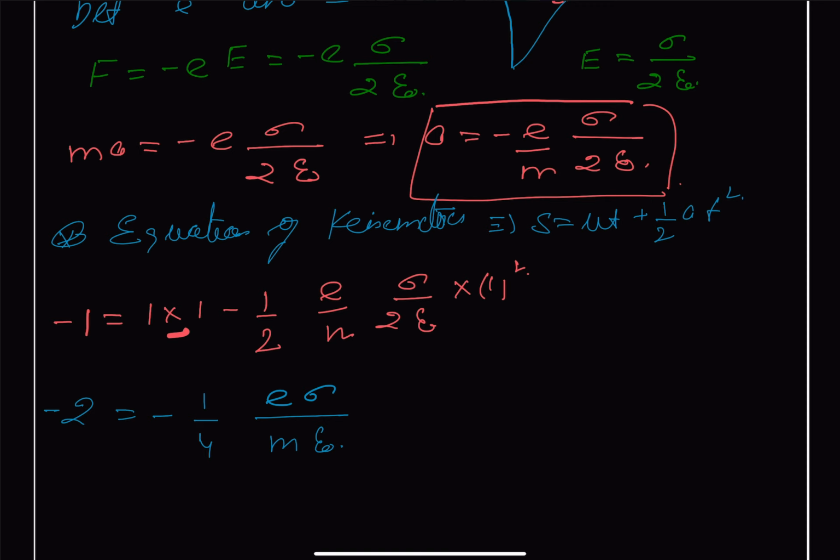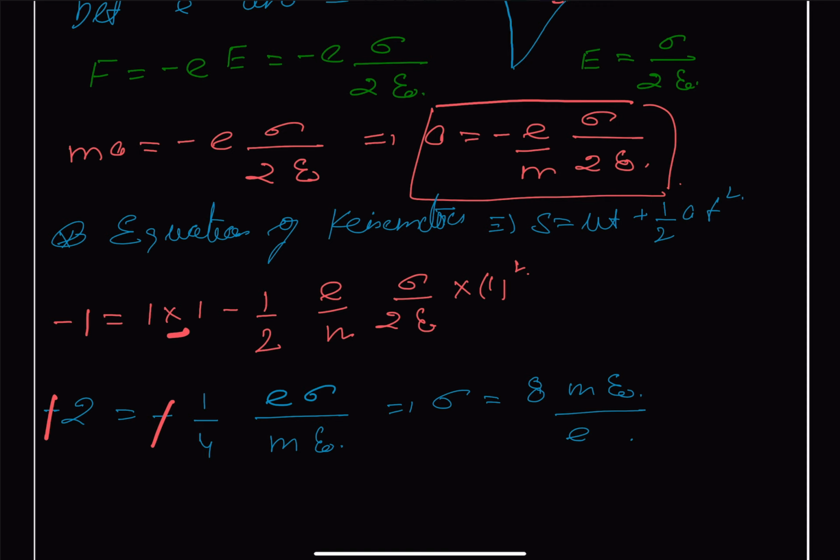Here minus and minus goes away, so we are interested in sigma, so sigma will be equal to 8 m epsilon naught divided by E. Sorry, sigma we need to find out.